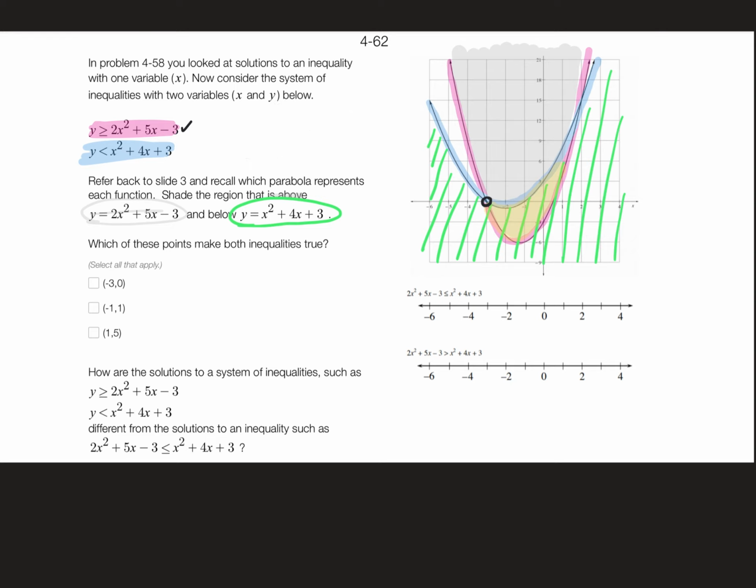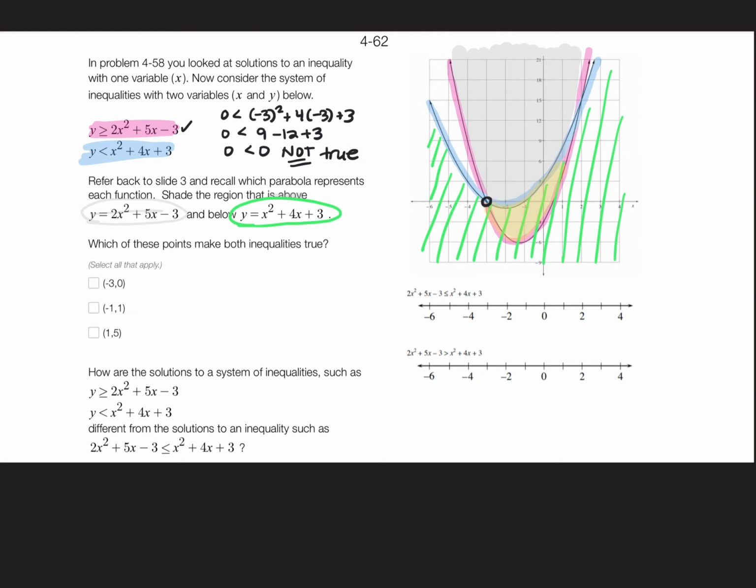But if I try to plug in the point negative 3, 0 into the blue graph, watch, I get 0 is less than negative 3 squared plus 4 times negative 3 plus 3. I get 0 less than 9 minus 12 plus 3. I get 0 is less than 0. This is not true. Okay, so it doesn't work for the blue graph.